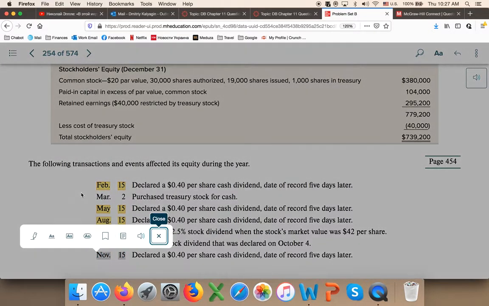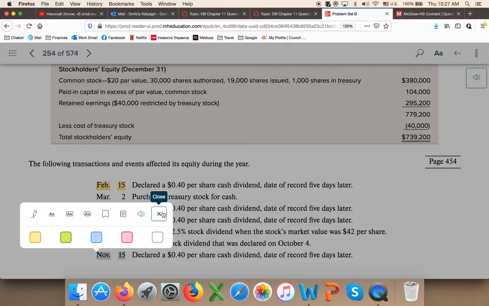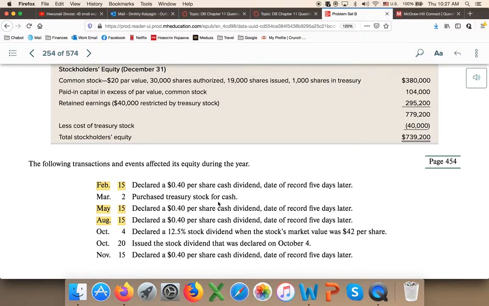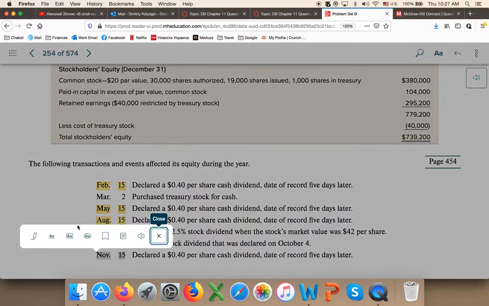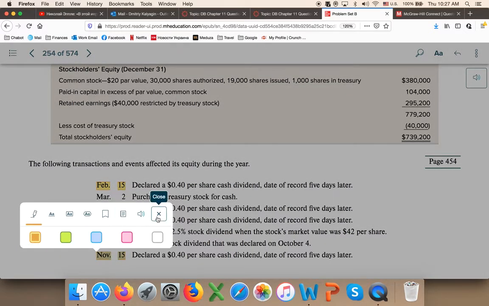So all of these are the same transaction. We declare 40 cents per share, but the number of shares changes, right? So March 2nd, we bought that treasury stock, the 1,000 shares we just talked about. And October 4th, we're declaring stock dividend, which is a different thing than cash dividend. And October 20th, we're issuing the stock dividend. So the number of shares changes, right?